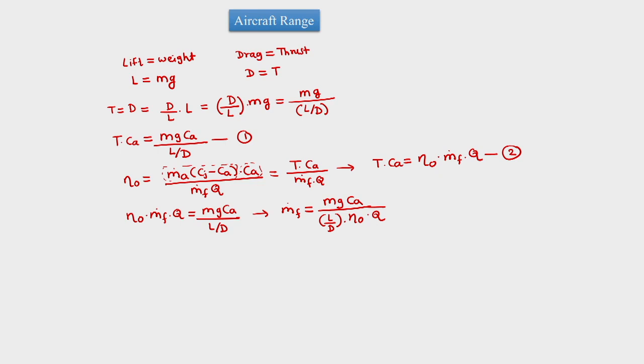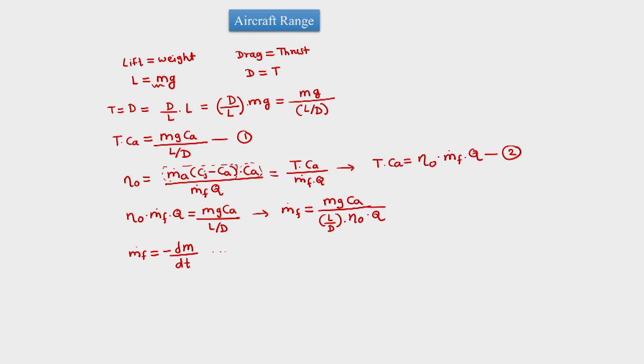But what do we mean by the mass flow rate of fuel? That is what is getting consumed, so m dot f we can write as negative of dm by dt, where m is the total mass of the aircraft, as we have used it in the formula for lift. So the total mass of the aircraft is changing with respect to time, and that is due to the consumption of fuel.